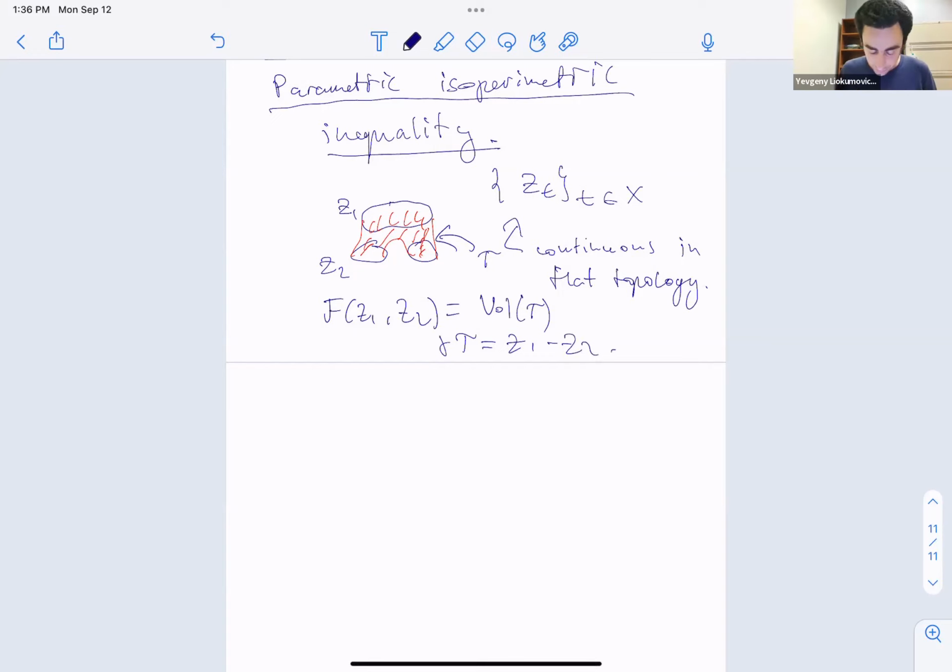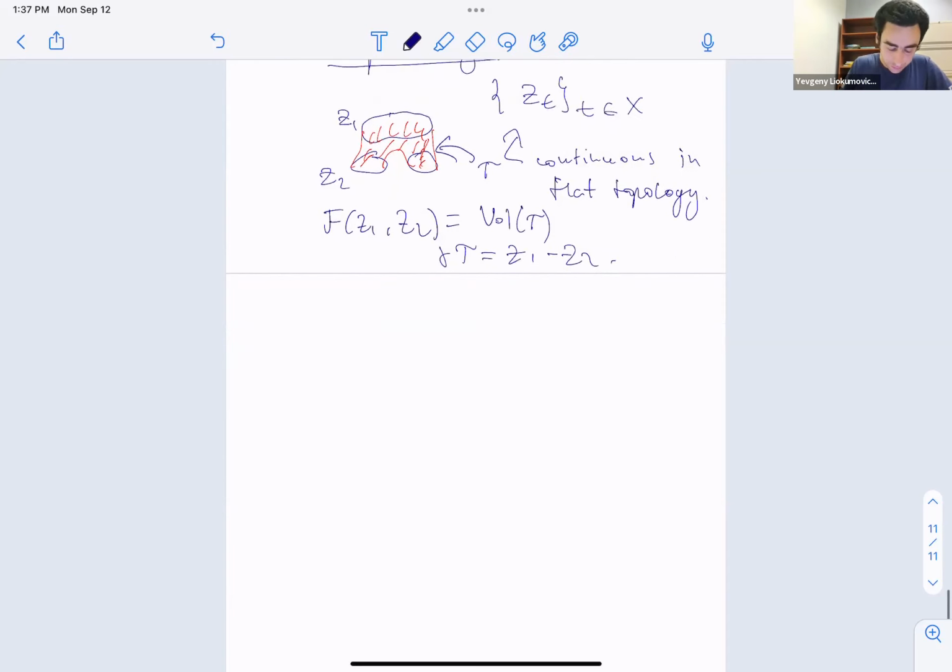So imagine now that we have a family of cycles with this topology. Can we find a continuous family of fillings whose size is controlled in terms of the sizes of these cycles?